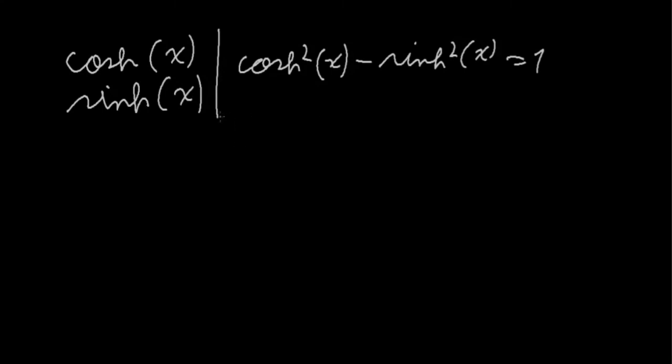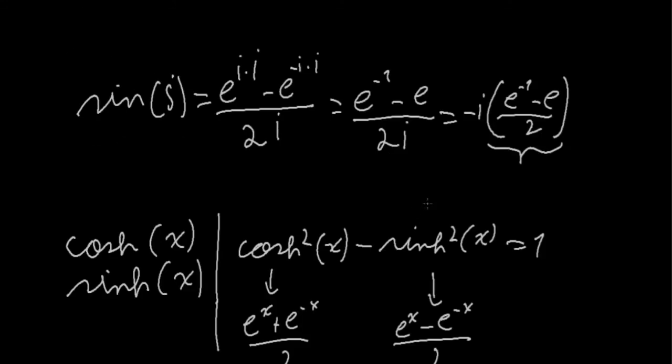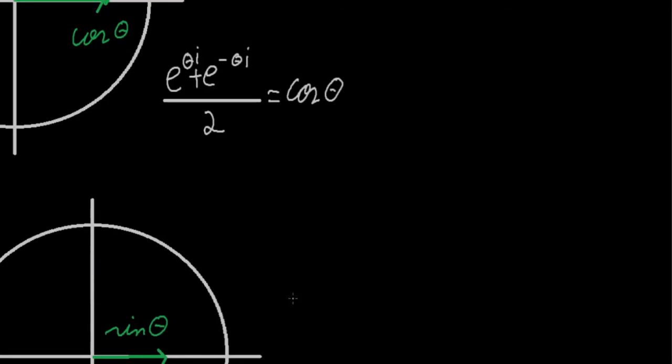And one function that satisfies this, that is an expansion of the hyperbolic cosine and sine, well, for cosine it's e to the x plus e to the negative x over 2. And for hyperbolic sine, it's e to the x minus e to the negative x over 2. And you can see that these look oddly familiar to the formulas that we have here, right?